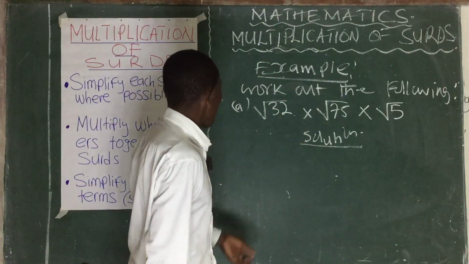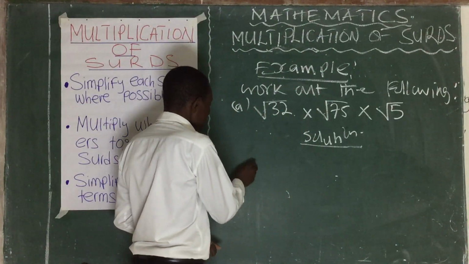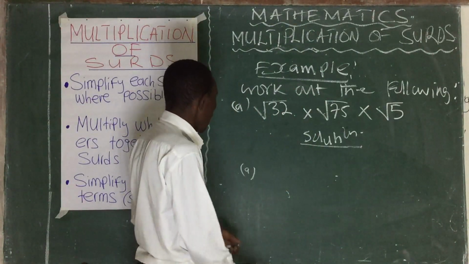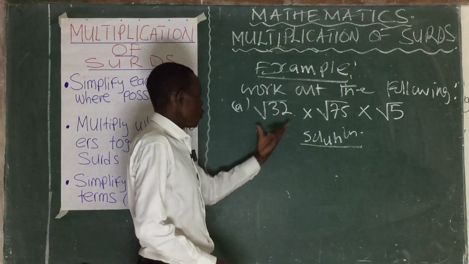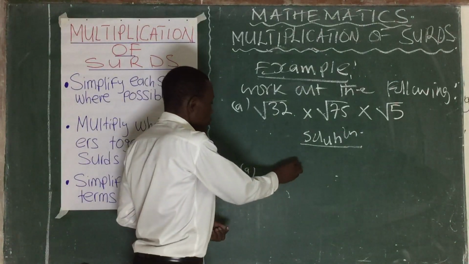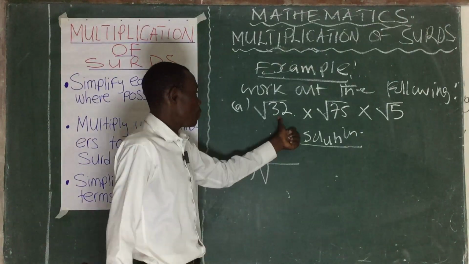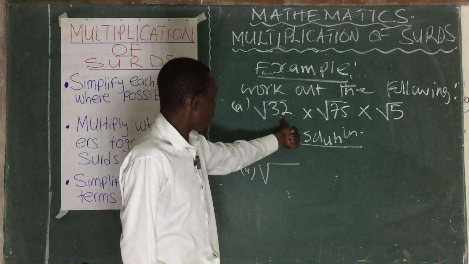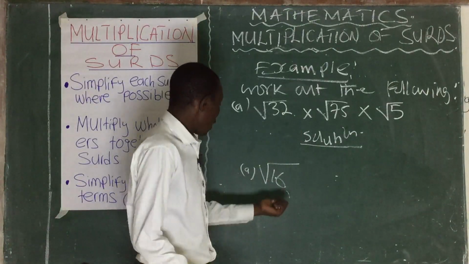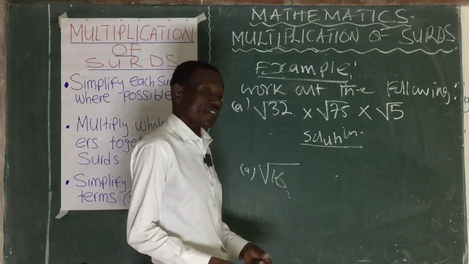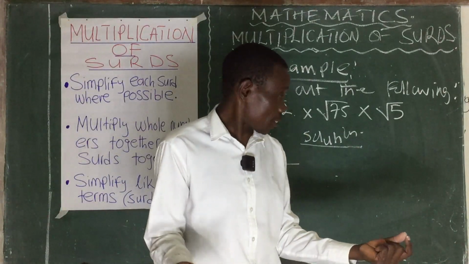So for the solution of A, root of 32, if we were to get 2 factors of 32, bear with me that the perfect square factor of 32 is 16. You can have the square root of 16, so 16 is the perfect square.